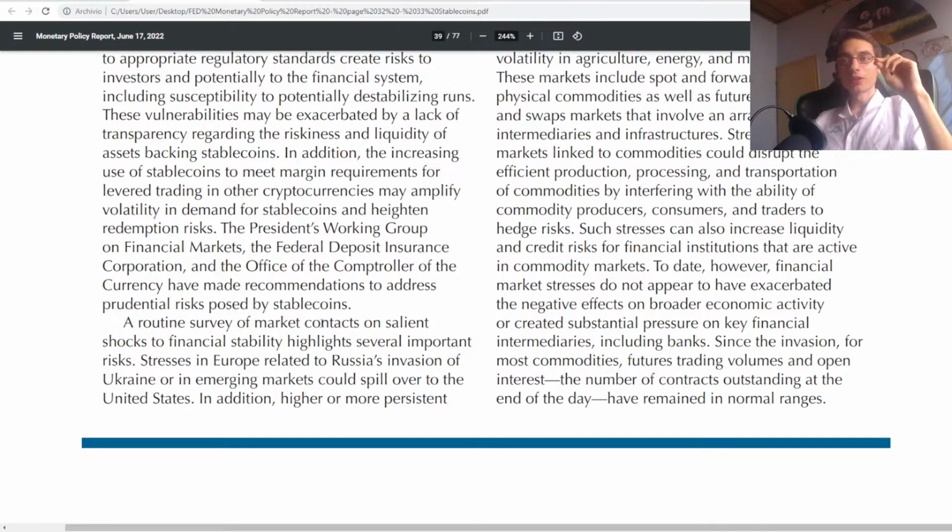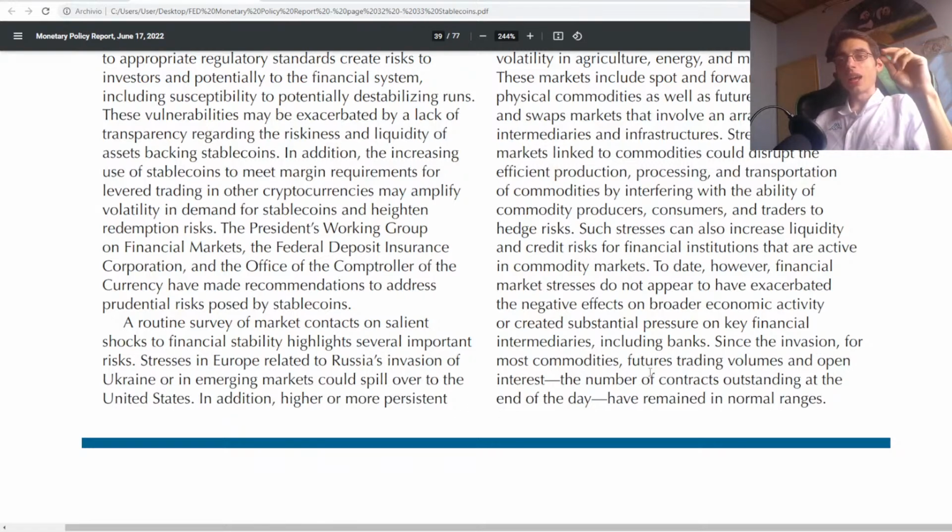A routine survey of market contacts on salient shocks to financial stability highlights several important risks. Stresses in Europe related to Russia's invasion of Ukraine or in emerging markets could spill over to the United States, as I just said, that could be a snowball effect.